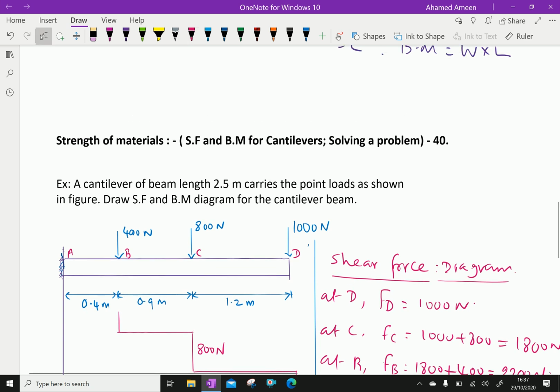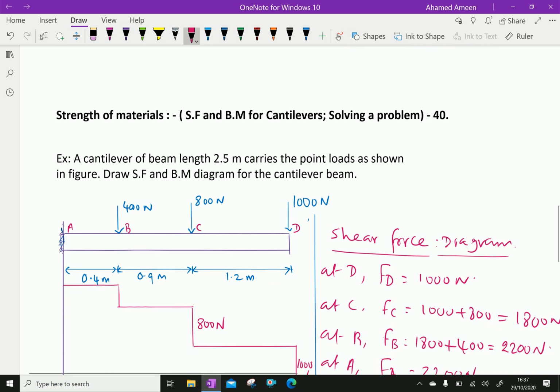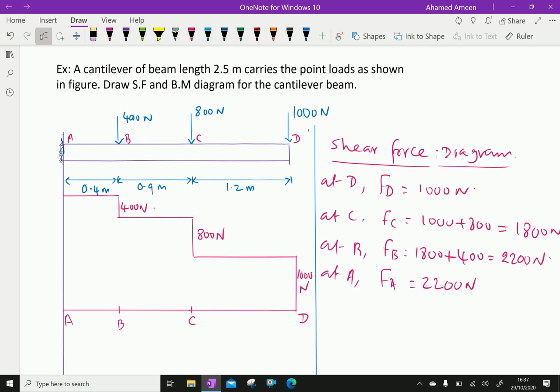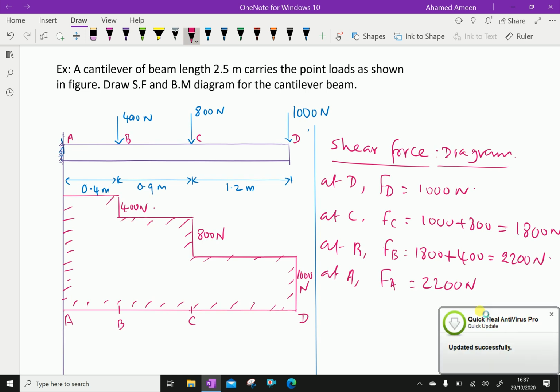Then join them. This is 400 Newton. Now we can shade this one. It's positive. This is the shear force diagram.